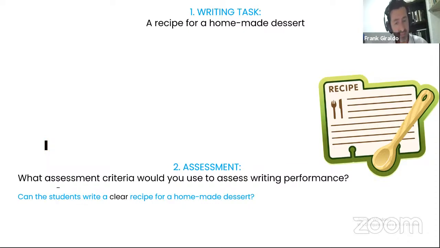So make a list of 3 or 4 criteria or aspects of writing that you would assess in a recipe. So go ahead, take 1 minute for that. And then Eliana will ask you to share your ideas so we can complement the slide. What would you assess in writing for a recipe to make a homemade dessert?